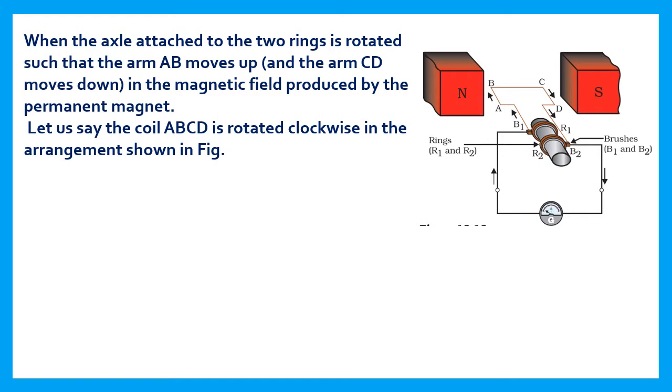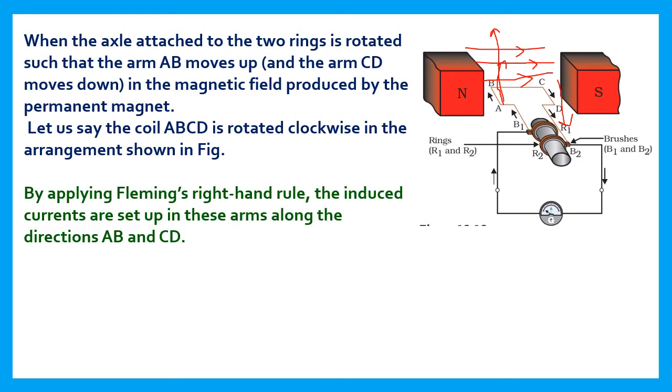The arm AB will move up and arm CD is moving down in the magnetic field produced by the permanent magnets. The magnetic field is from north to south, that you know, and that is our coil. Now suppose ABCD is rotating clockwise, and the arrangement you can see in the picture.